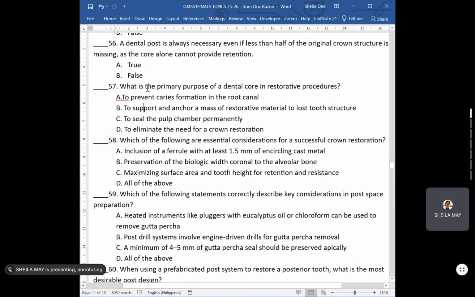What do we have? Hmm? So, the difference with the core and the option.